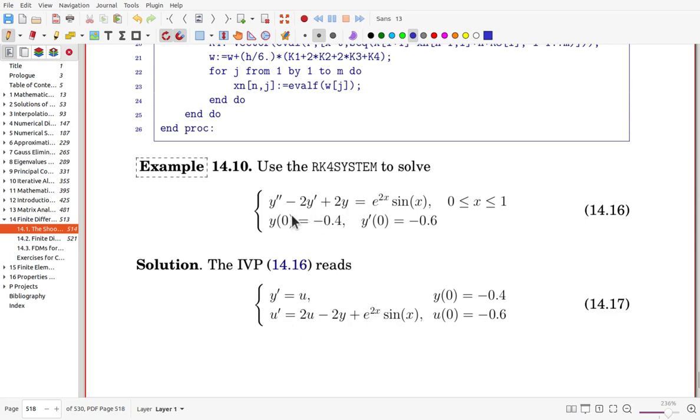After moving this to the right side, we have that. Now y at 0 is minus 0.4, and that is u prime. Okay, y prime, which is u at 0, is minus 0.6. So this is a system of two first order differential equations.